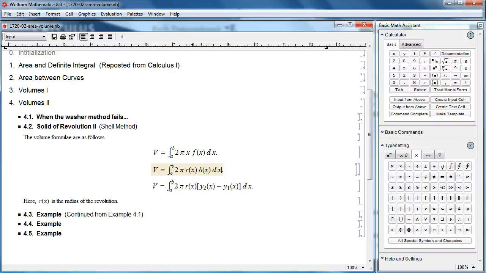The radius is r of x, this radius of rotation, and height is given by h of x. Usually, height is given by the difference of two y-coordinate values, upper function minus lower function, so y2 of x minus y1 of x is h of x. That's often used too, but this is the most general one that I'd like to use.